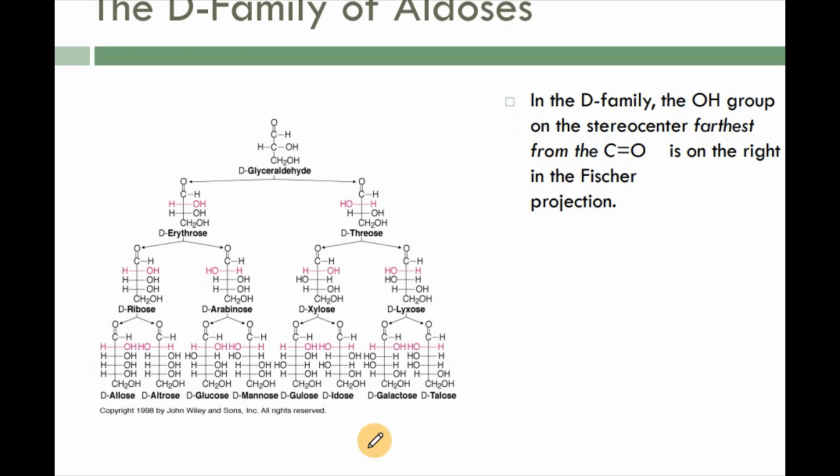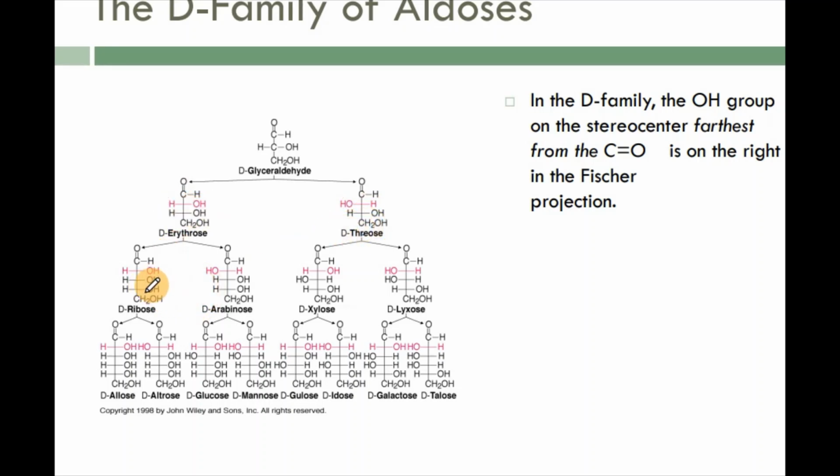So these are some known examples of the D family of sugars. When we say D family of sugars, we mean sugars whose OH on the last chiral carbon is on the right side. This one is a D sugar, which is a triose. This one is a D sugar, a tetrose.